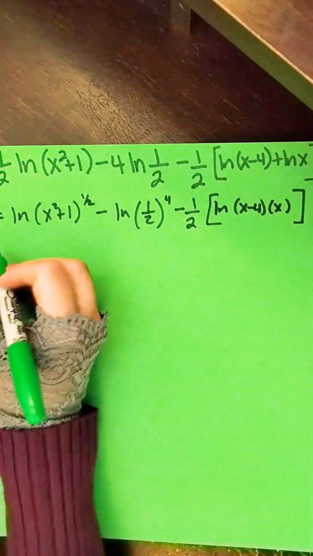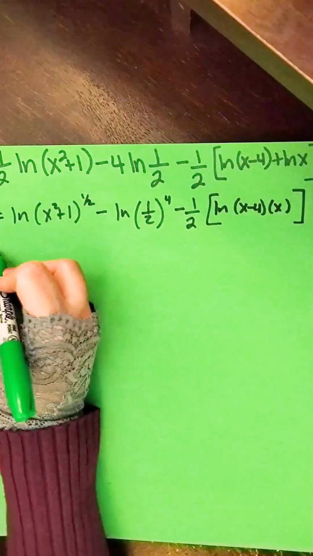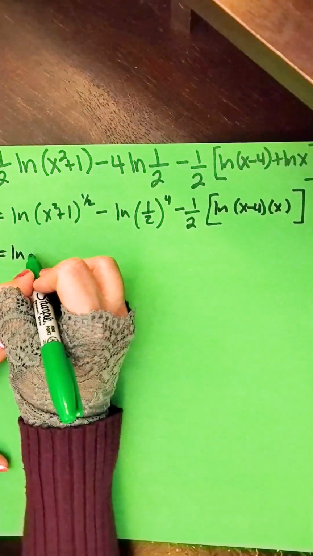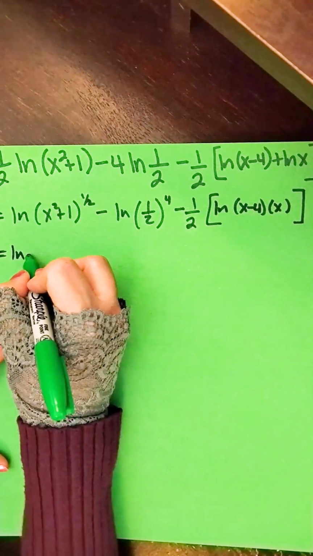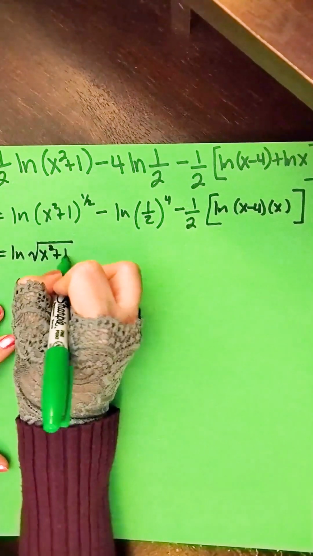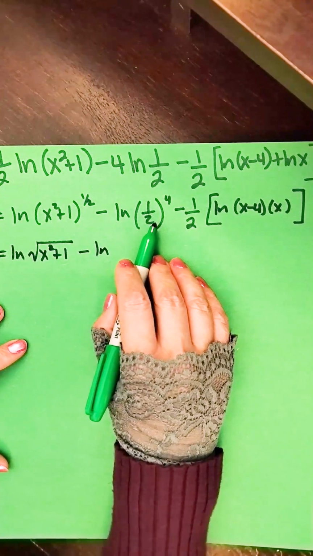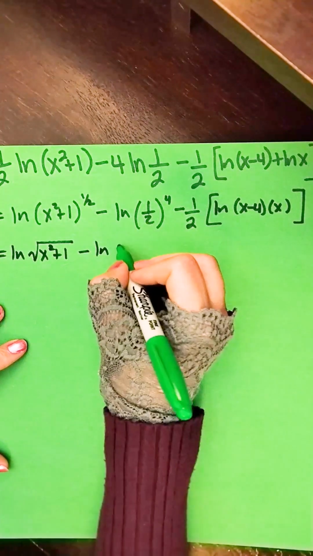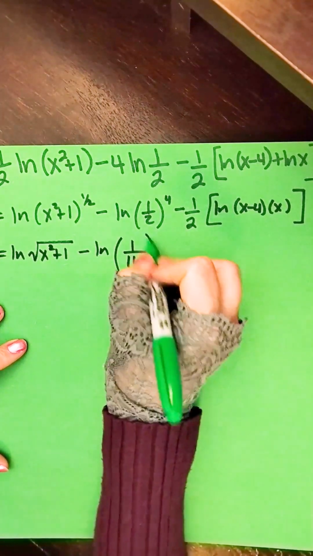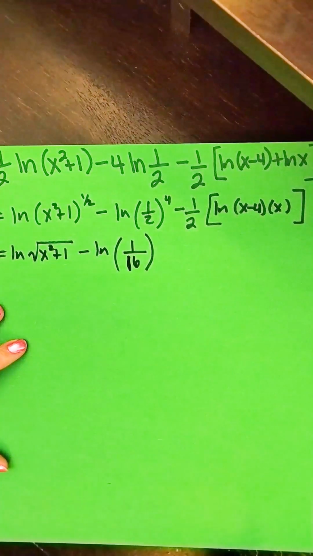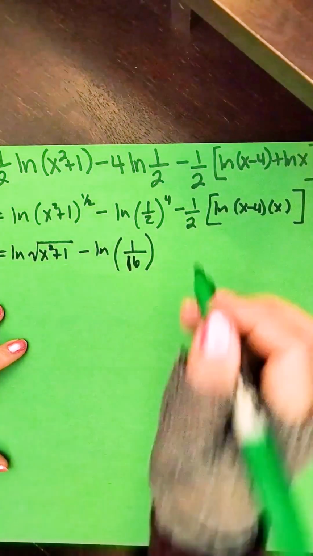Okay, then I'm going to go ahead and write x squared plus 1 to the 1/2 as the square root of x squared plus 1, minus the natural log. I'm going to write 1/2 to the 4th, that's 1/16, right? 2 times 2 times 2 times 2 is 16.